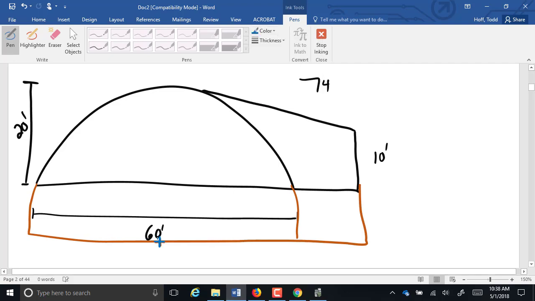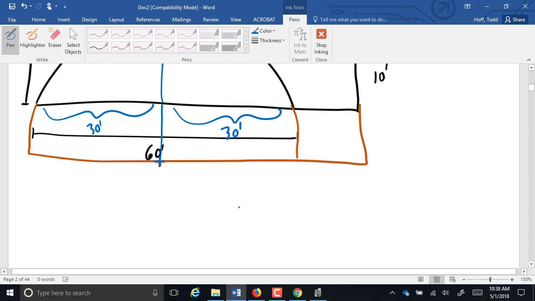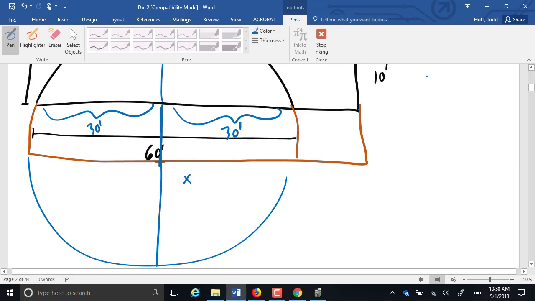So from this center, we would extend straight up. We know this piece here is 20 feet, right? What's this piece here? 30, and 30. And technically, we're extending all the way down here, and this is going to be X all the way down, right? So we know that 30 times 30 equals 20 times X. Look familiar?